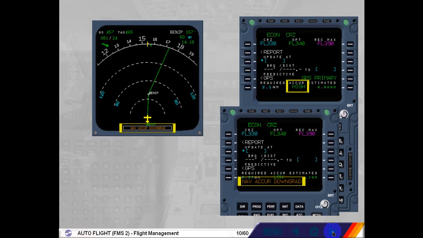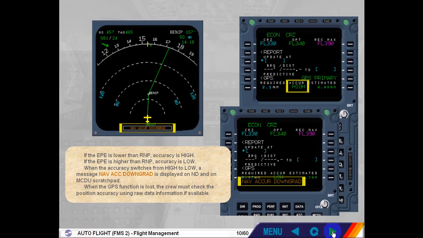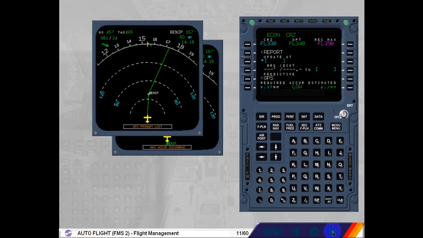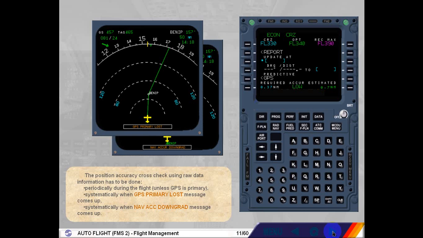When the GPS function is lost, the crew must check the position accuracy using raw data information if available. The position accuracy cross-check using raw data information has to be done periodically during the flight, unless GPS is primary, systematically when the GPS PRIMARY LOST message comes up, and systematically when the NAV ACCUR DOWNGRADE message comes up.